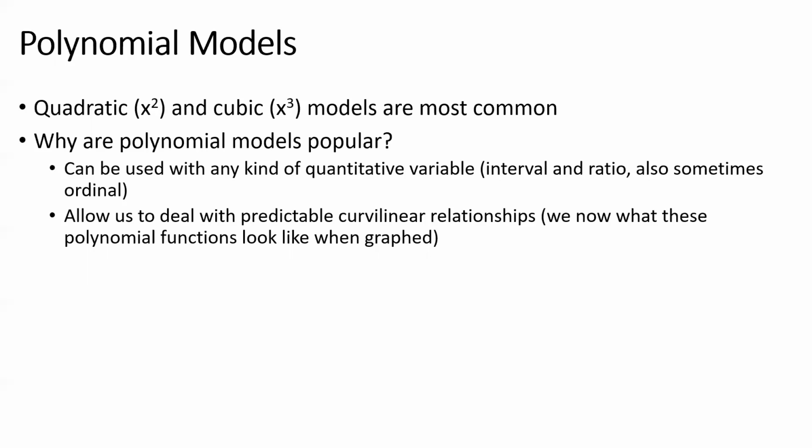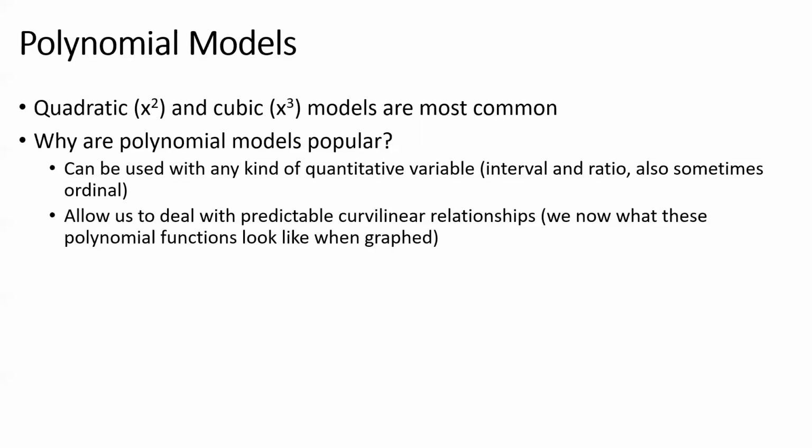But running polynomial models allows us to deal with those variables that maybe don't have absolute zeros or have arbitrary zeros or have to be positive or are dealt with in that way. We can also sometimes use it with ordinal level variables if we have enough response categories.